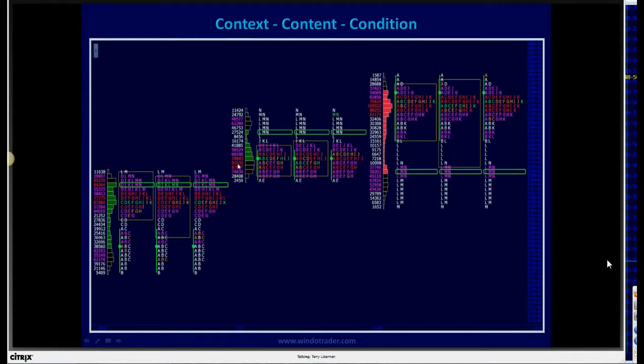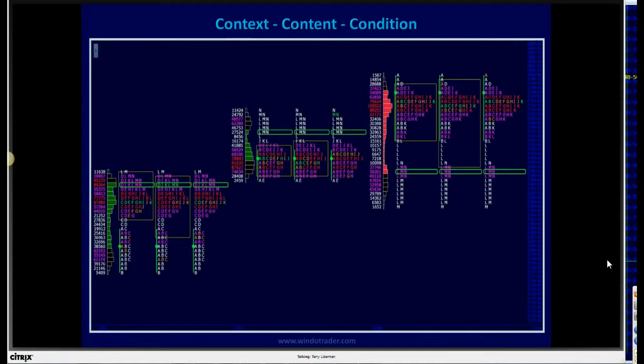This one, I configured for the point of control to be based on the highest number of contracts traded at price for the session. And in that case, it's right here. It's not the same as the point of control based on TPOs.